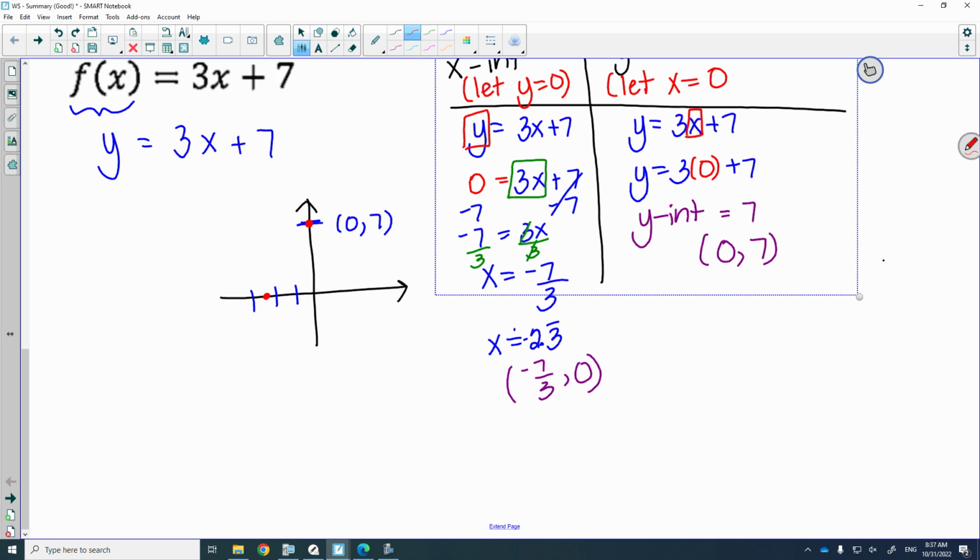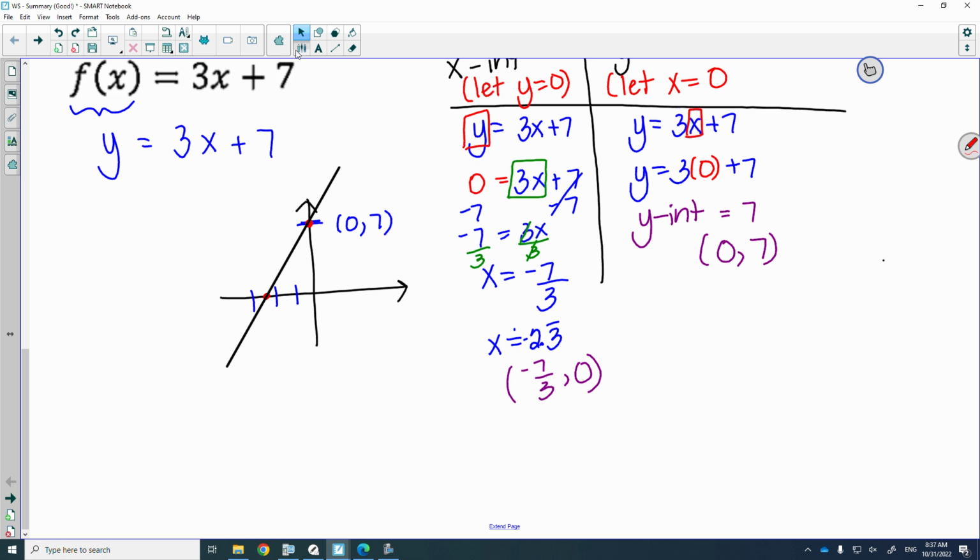So about here. And then again, you would have grabbed a ruler and you would have connected those 2 points. And that would have been your graph.